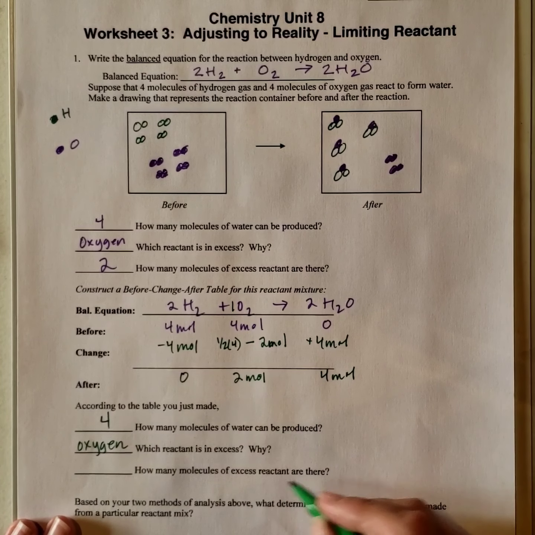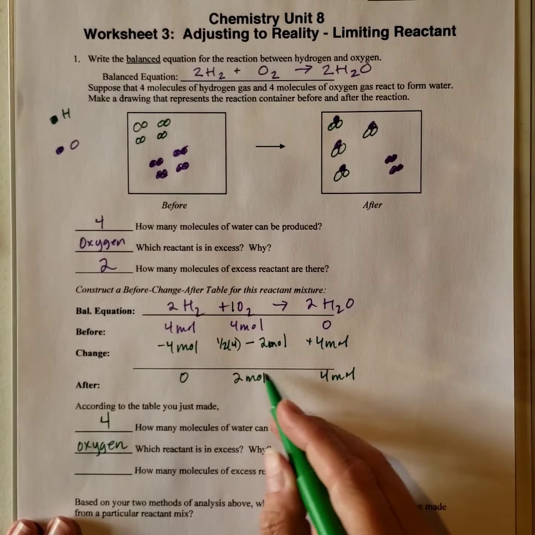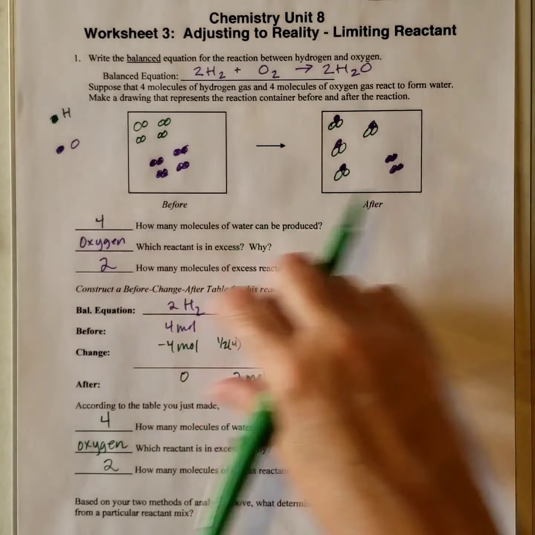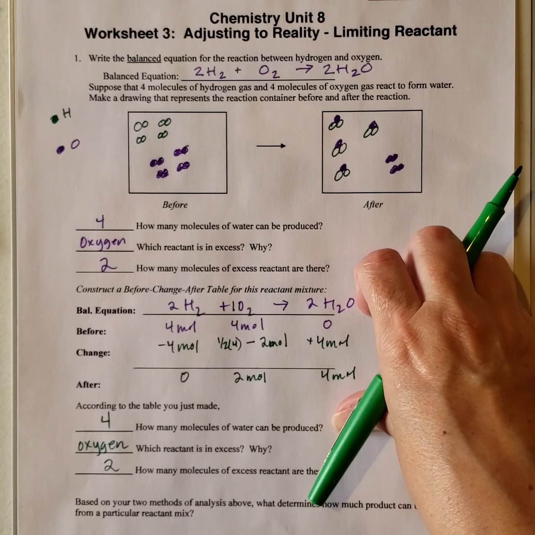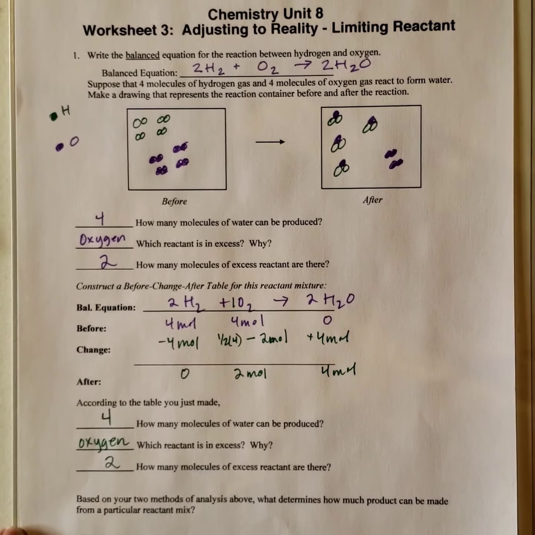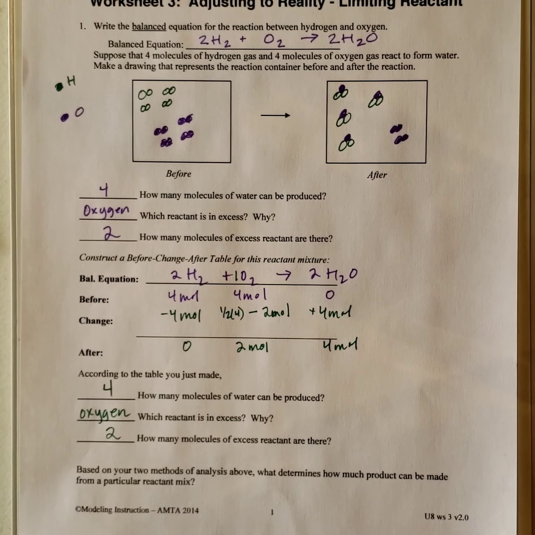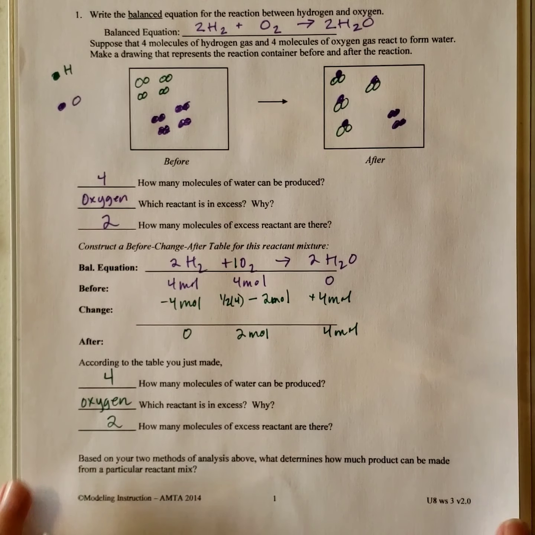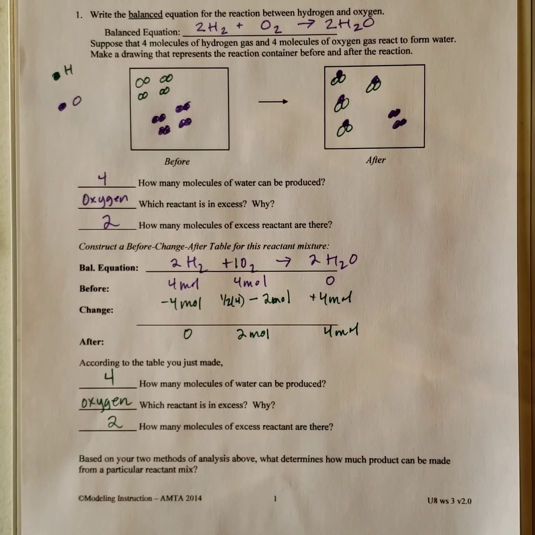How many molecules of excess reactant are there? 2. This is our mathematical calculations. Here's our table, our visual representation. So based on your 2 methods of analysis above, what determines how much product can be made from a particular reactant mix? So take a minute and answer that.